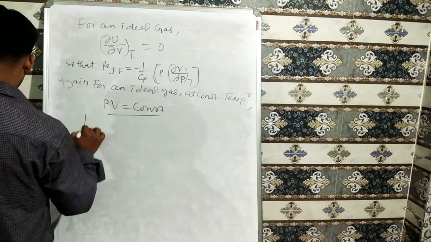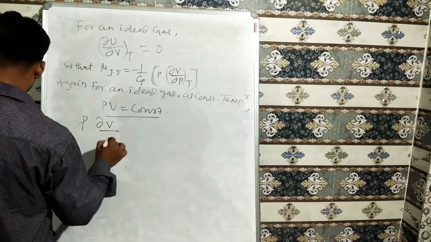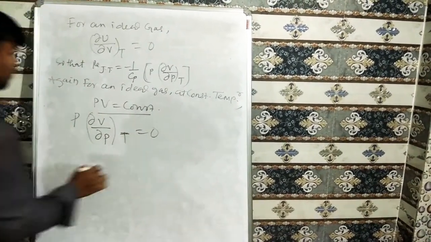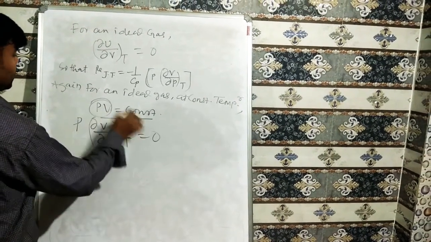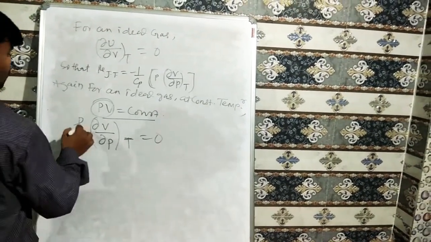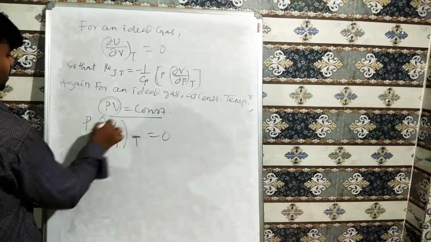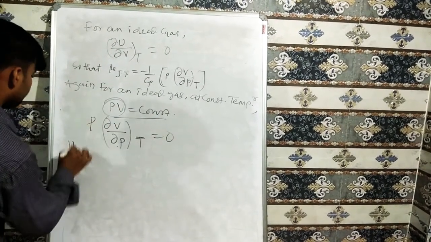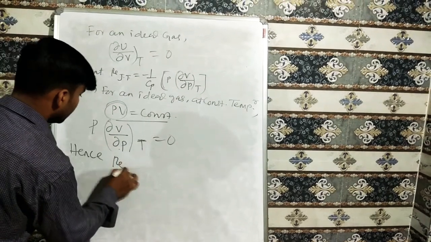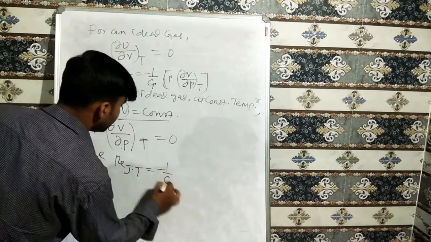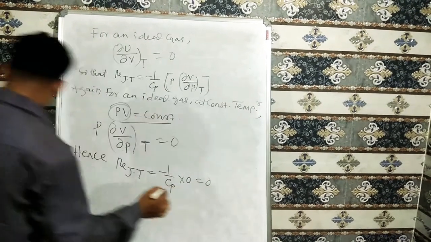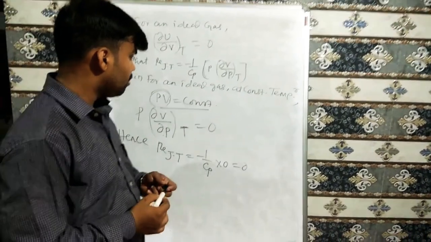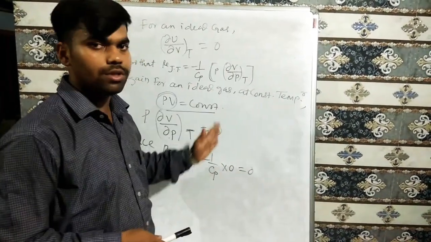That means P of del V by del P at constant T is equal to 0. If the value of PV is constant for an ideal gas at constant temperature, then the derivative, that means P of del V by del P at constant temperature, is equal to 0. Hence, mu JT is equal to minus 1 by Cp into 0. That means 0. Therefore, we can say the Joule-Thomson coefficient for an ideal gas becomes equal to 0.